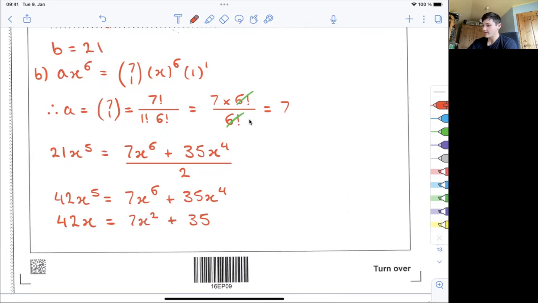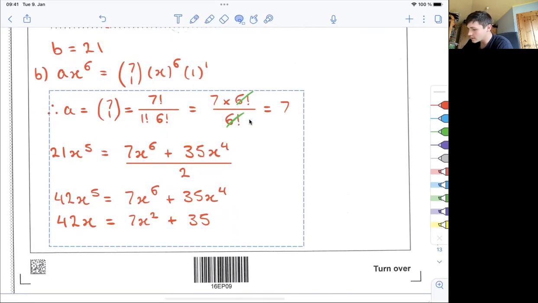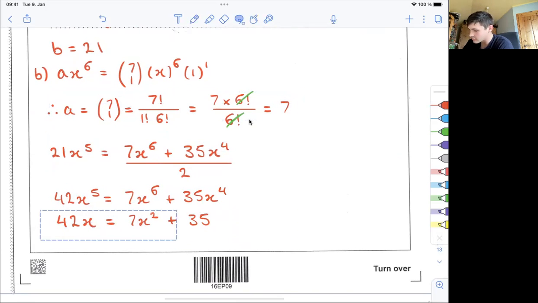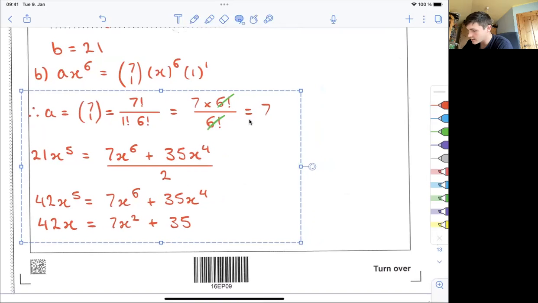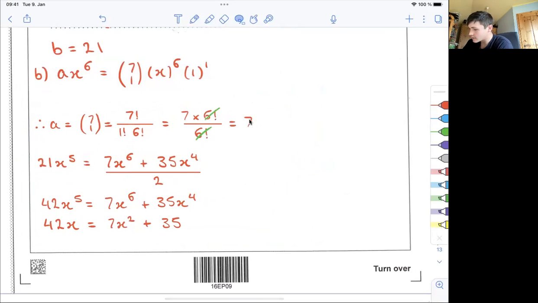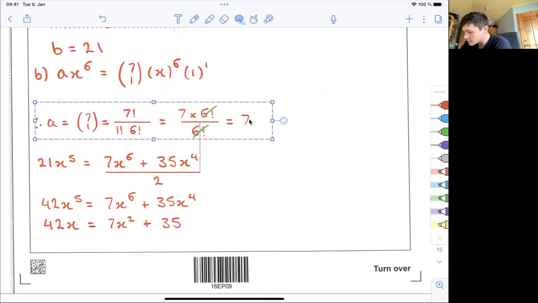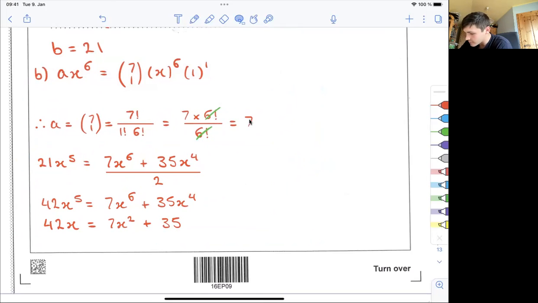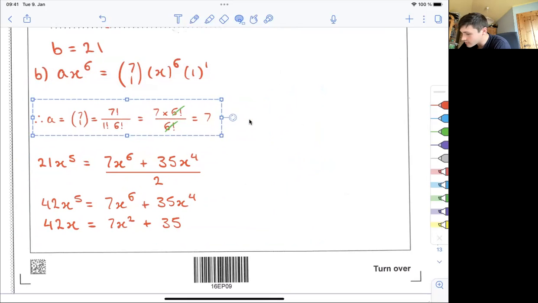Now if we bring everything over to one side, and actually let me make this a bit smaller so we can work off to the right.